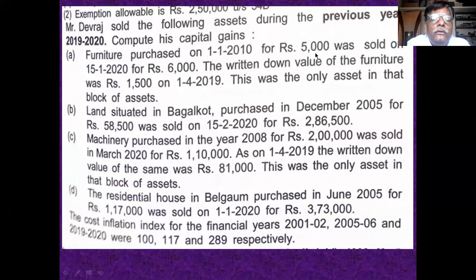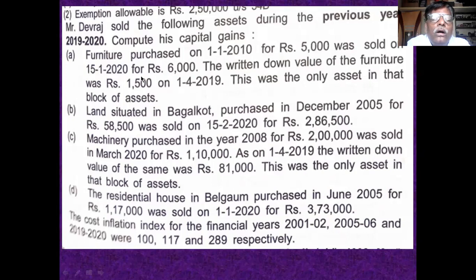Okay, it is 5,000 minus 1,500. Sorry. Furniture purchased for 5,000. It is purchased for 5,000, not sold for 5,000.